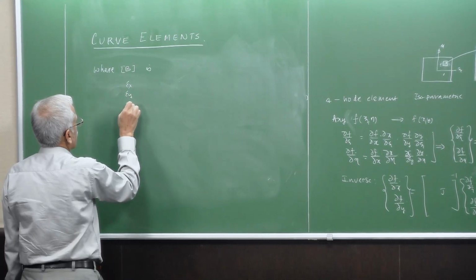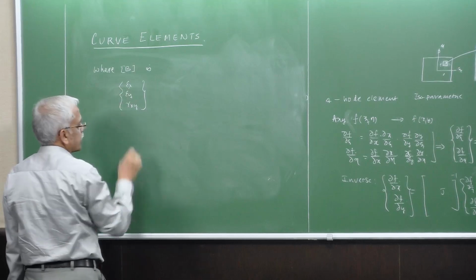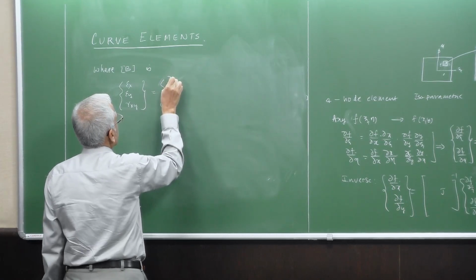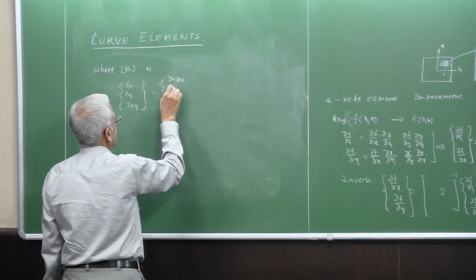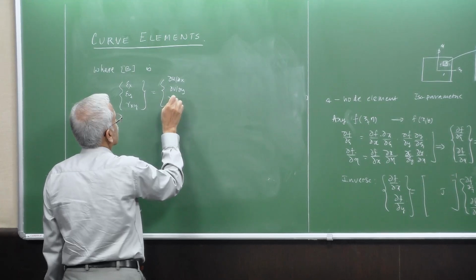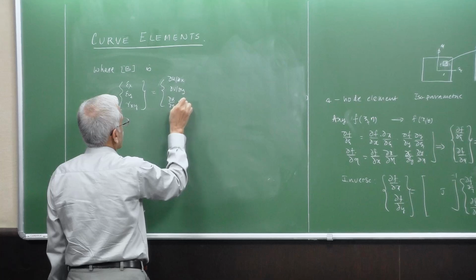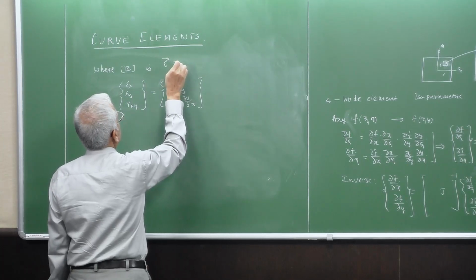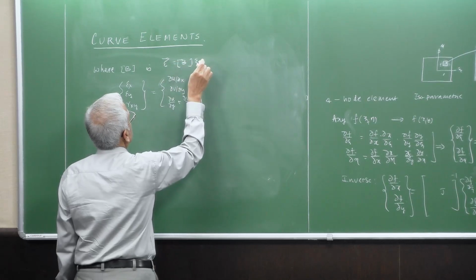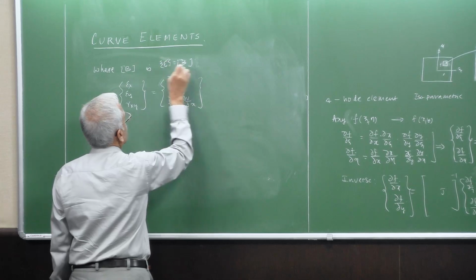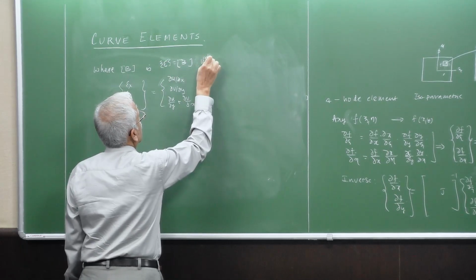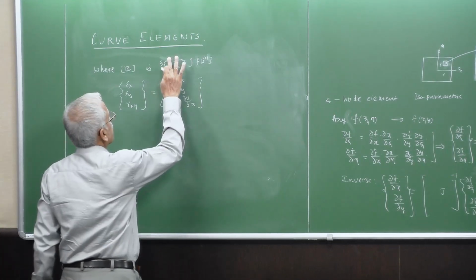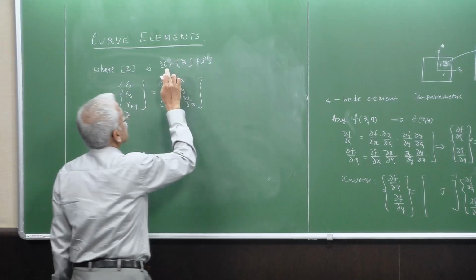Where B relates strain, which is given by dou u by dou x and so on. The strain epsilon, which I wrote here as a vector, consists of 3 components.